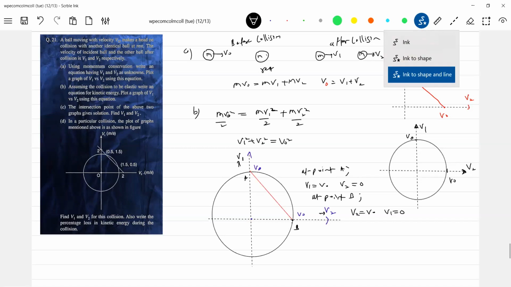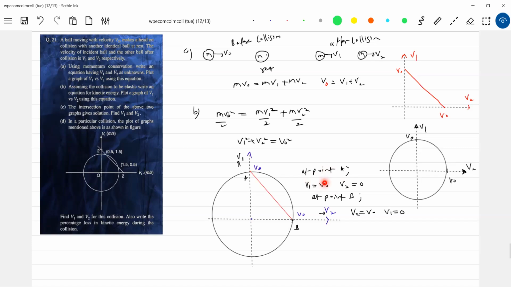So what can we write? Is this possible after collision? Not possible. So this is what is possible here. So like this, what happened? The intersection point will give the speed of the colliding particles after collision.